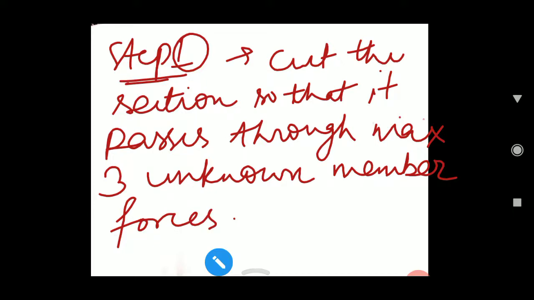Please write down this step 1. What does step 1 say? Step 1 says that cut the section so that it passes through a maximum of 3 unknown member forces.